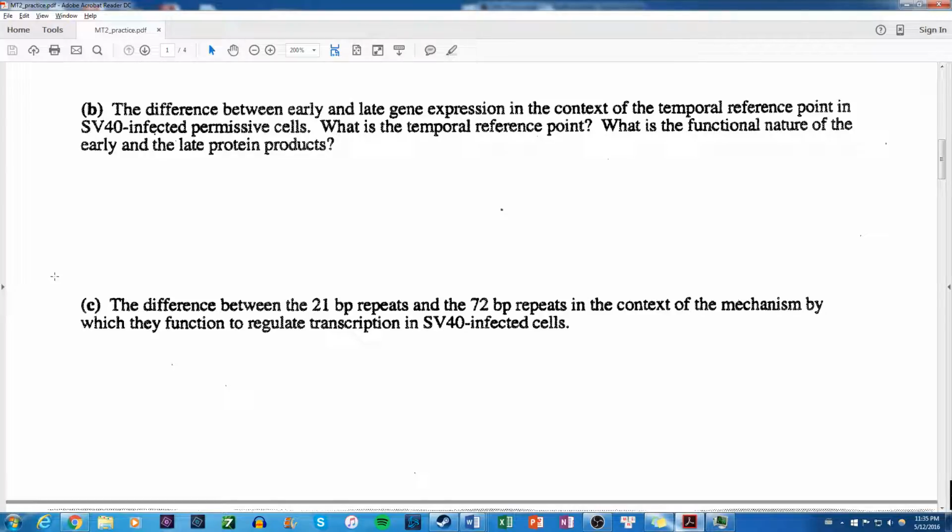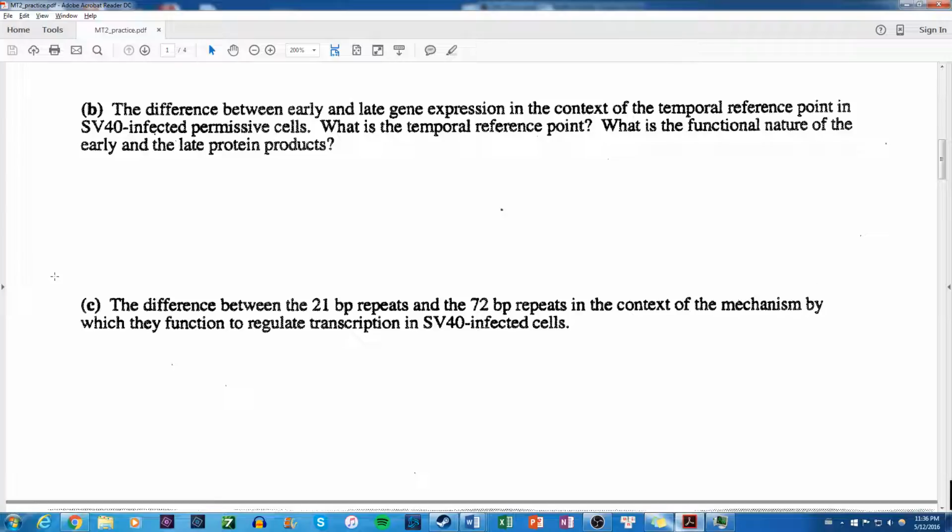Now, with the 21 base pair repeats, what happens is, should I do this from memory? I had this too. SP1, specialized protein 1, binds to the 21 base pair repeats. And when SP1 binds there, the function of the 21 base pair repeat is that it tells the cell whether or not to express the early or late viral proteins.